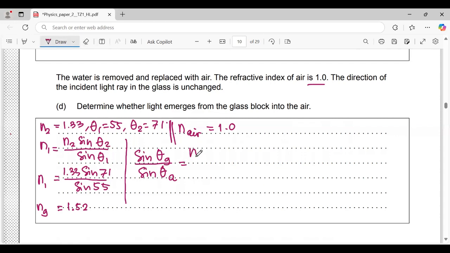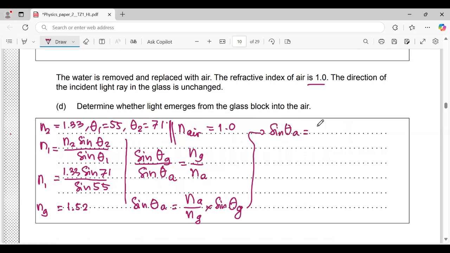We are going to find sine theta air as the subject. We can arrange this formula: sine theta air equals n glass over n air times sine theta glass.